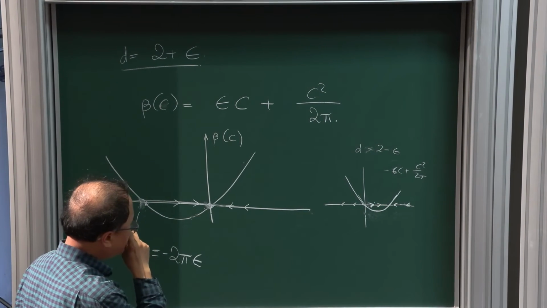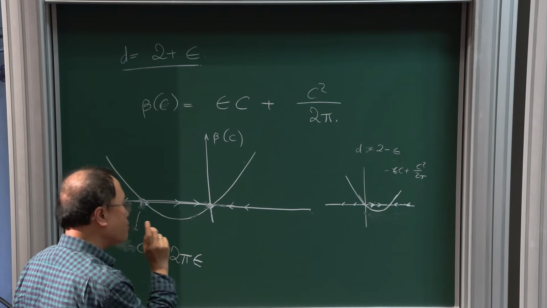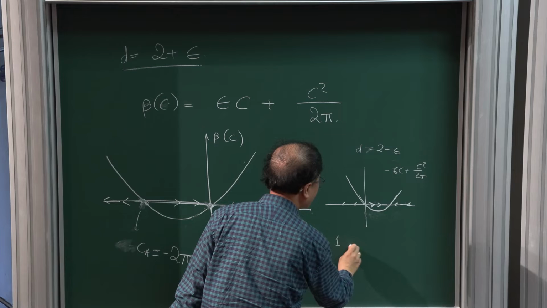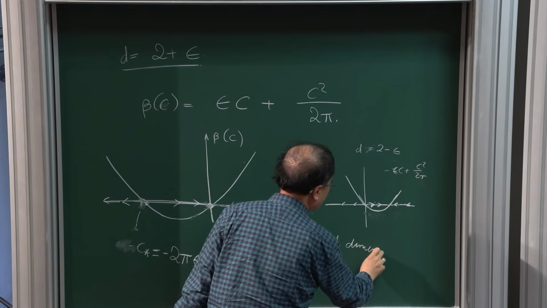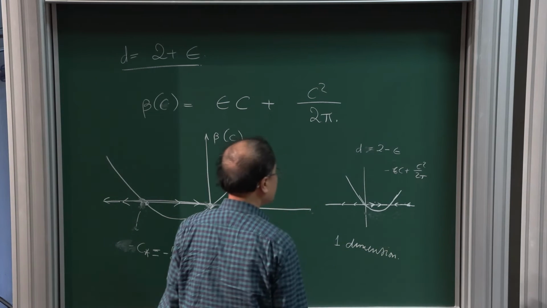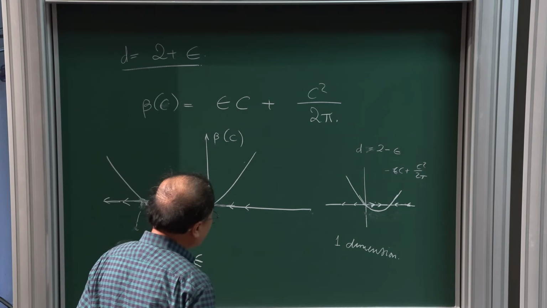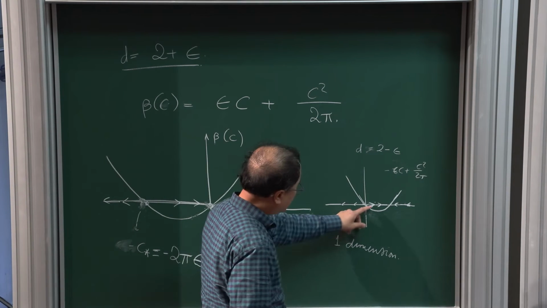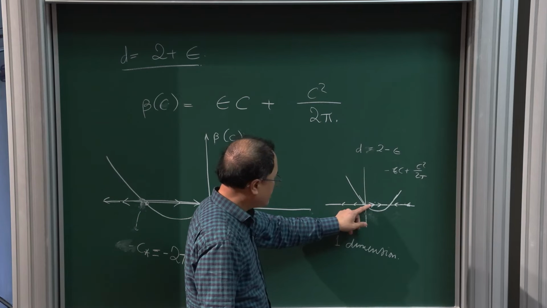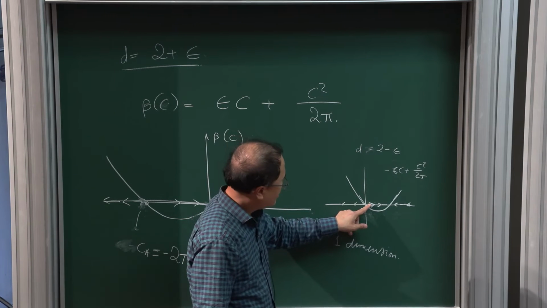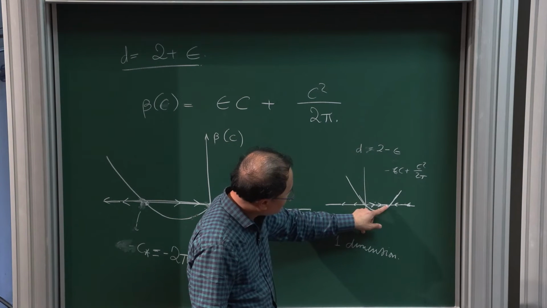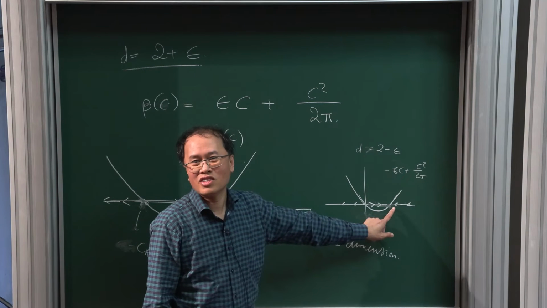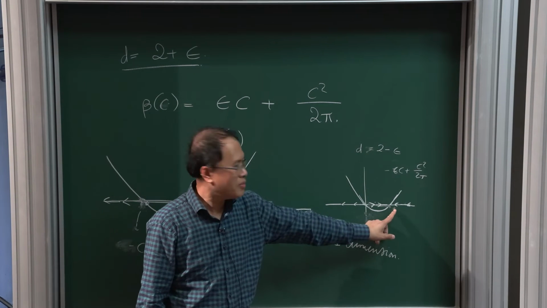So what happens here is the following. In one dimension, if we have bosons with repulsive interaction, c larger than 0, bosons with repulsive interaction flow to a non-trivial fixed point. It turns out that this is just free fermions, spinless fermions.